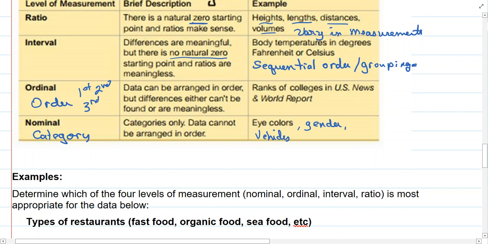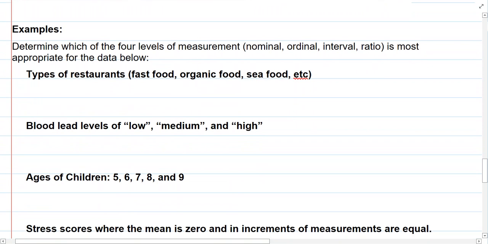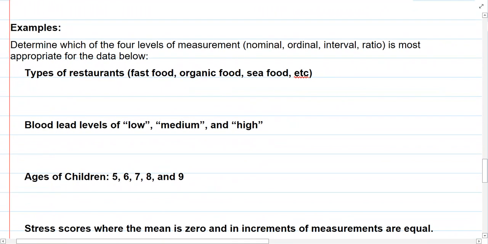Now, this one you need a chart. So keep this particular chart at hand so you'll have no issues, because it's a little bit convoluted in some cases to me. Okay, types of restaurants. Well, those are by name.